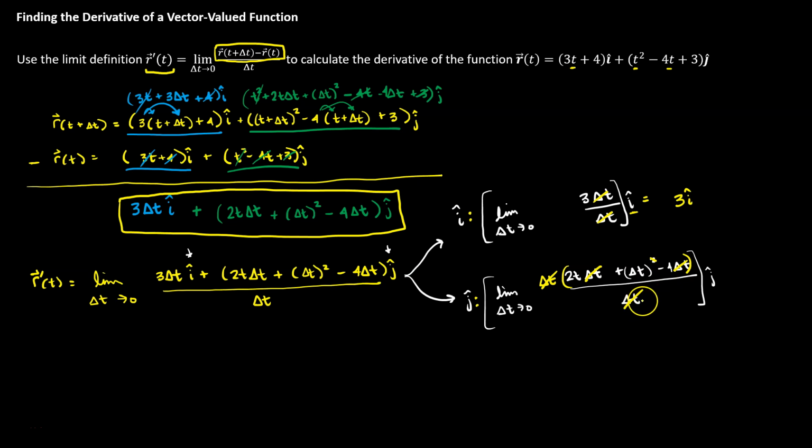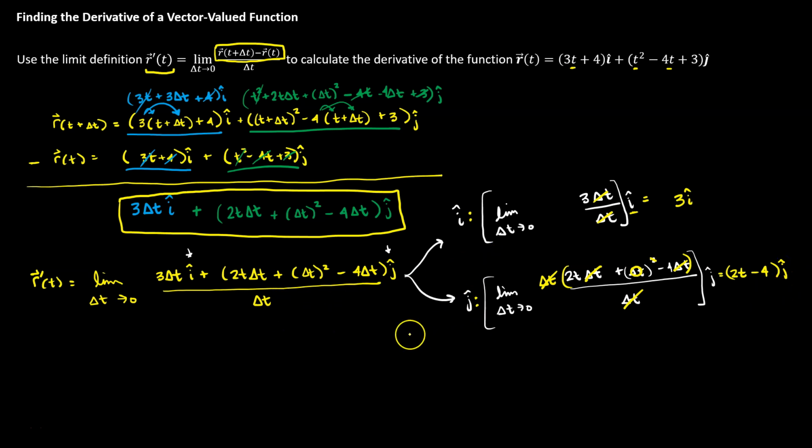Our denominator is just 1, so we don't even have to really talk about a denominator. If we replace delta t with 0 in this case, we would get 2t plus 0 minus 4, or 2t minus 4 in the j hat component.